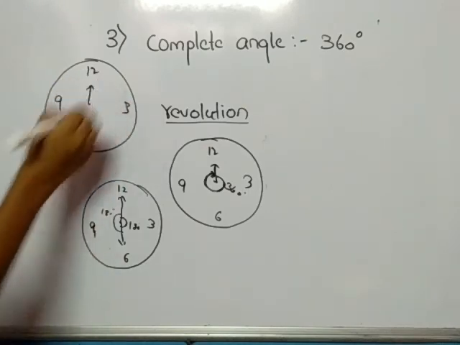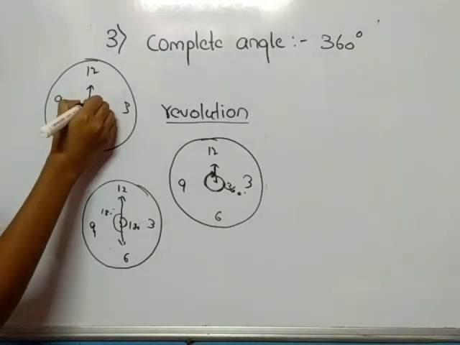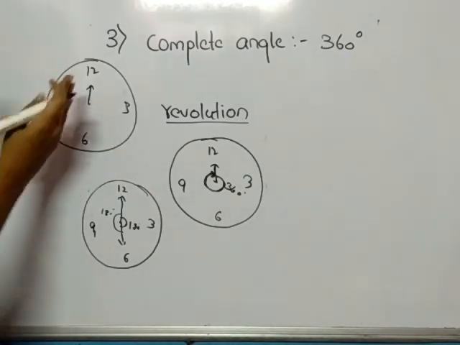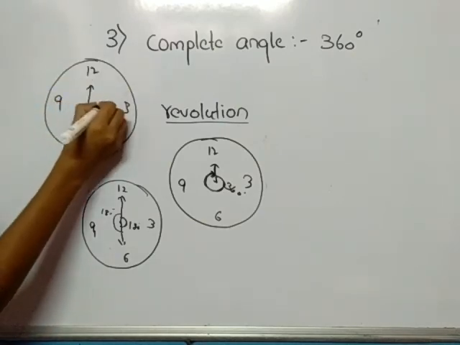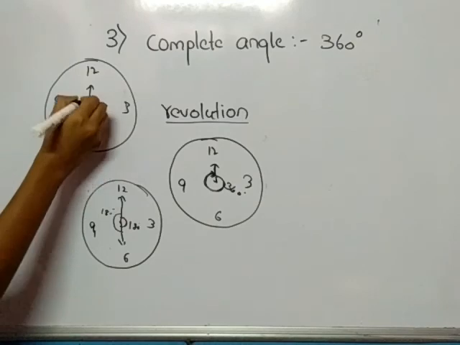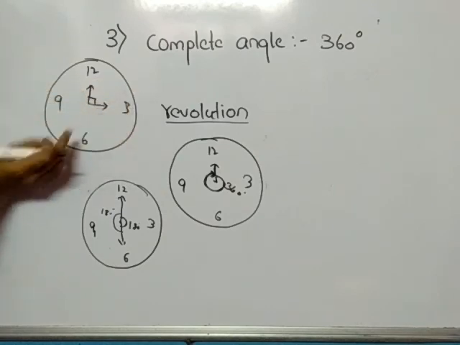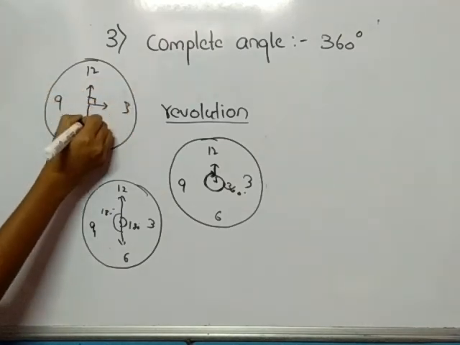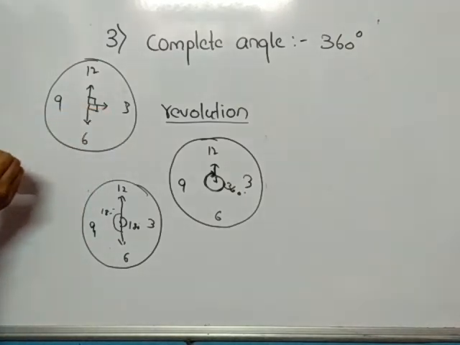The hand is facing towards the 12 here, right? A right angle is 90 degrees. Now if the hand moves towards the 3, it looks like this, isn't it? Is this 90 degrees or not? Yes, this is 90 degrees. Again, if the hand moves towards the 6, it would look like this. Again we got one more 90 degrees, right?